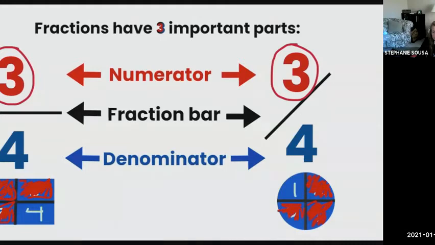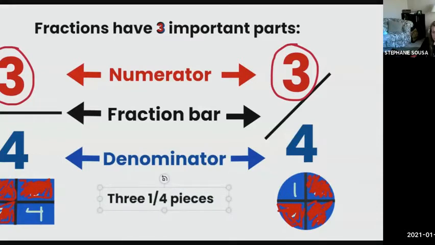There are 3/4 of this circular model shaded. There are 3/4 of the rectangular model shaded. In both of these models, I have shaded 3 1/4 pieces. So even though our numerator is greater than 1, it doesn't mean that we have lost track of our unit fraction.